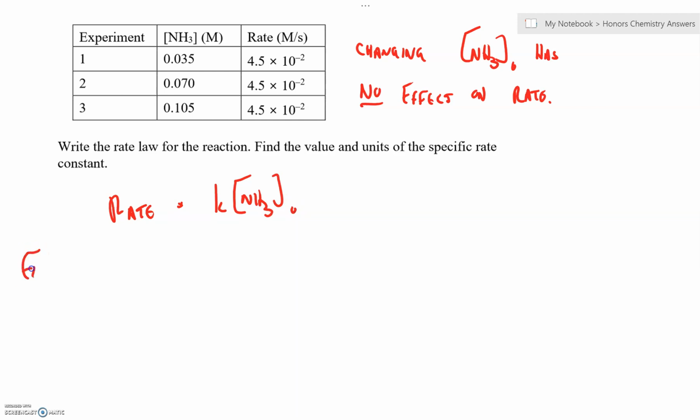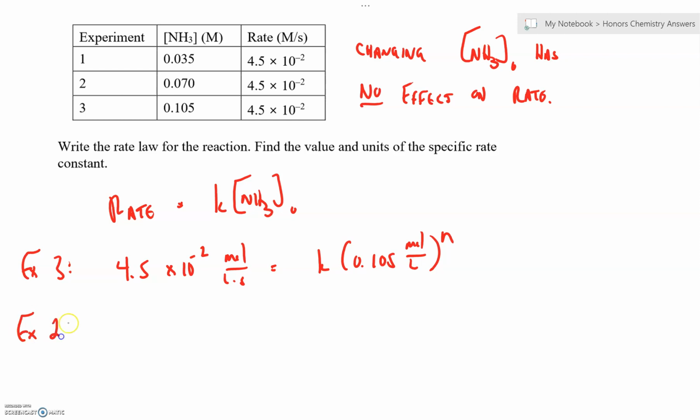So I'm going to take experiment 3, which we have a rate of 4.5 times 10 to the minus 2 moles per liter per second. And this is equal to a rate constant K that we don't know. And in experiment 3, the concentration is 0.105 moles per liter raised to some power that we don't know.